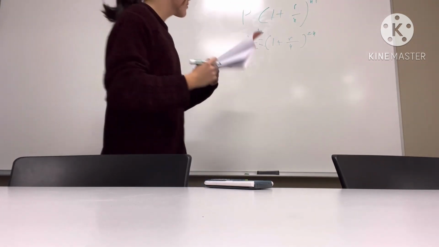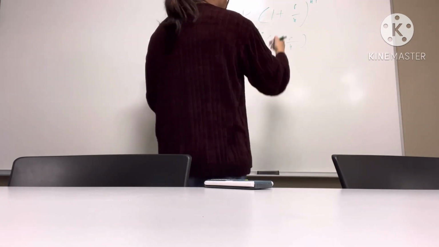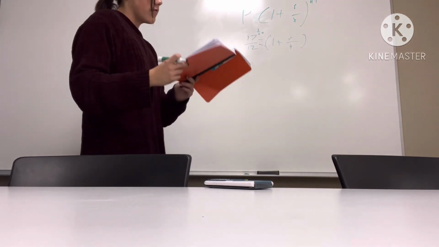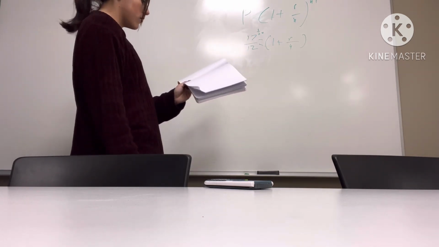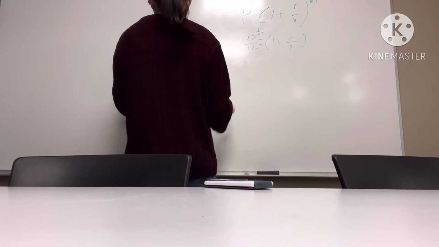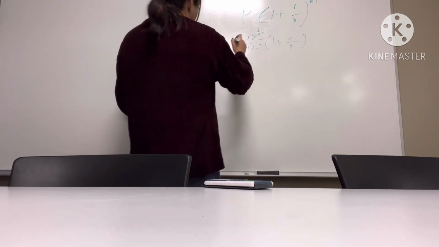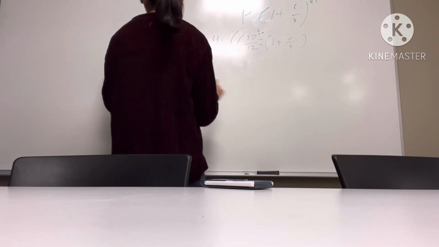What are you left with? Basically get rid of that. You're left with 1 plus r over 4. How do you get r over 4 done? Well, first thing, you have to move the 4 over here. How do you move the 4 over here? You put it here, times this by 4.